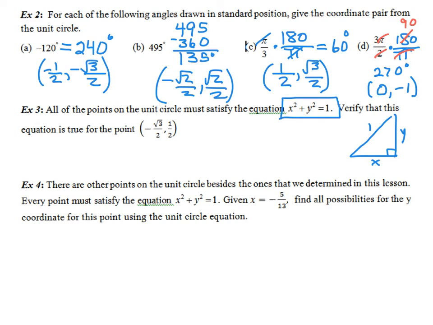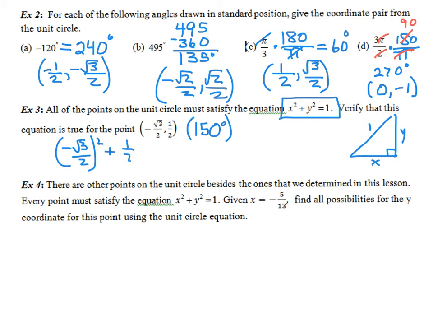Now we want to take just one of the ordered pairs that we found on our unit circle. This ordered pair happened to come from, let's see, I believe that was our 150 degree angle. We want to show that this is actually an identity for this point. So I'm going to put negative radical 3 over 2 in for x and square it.